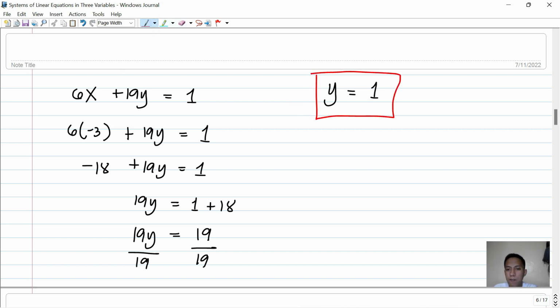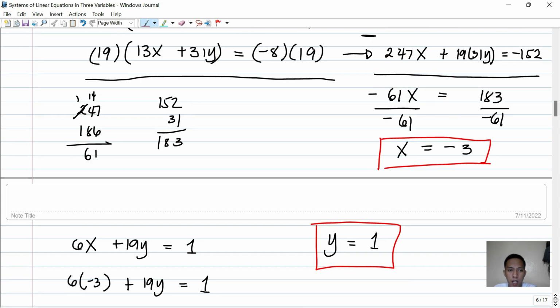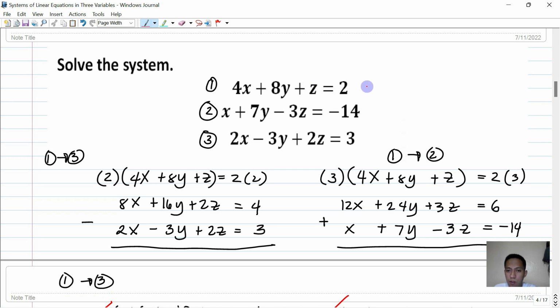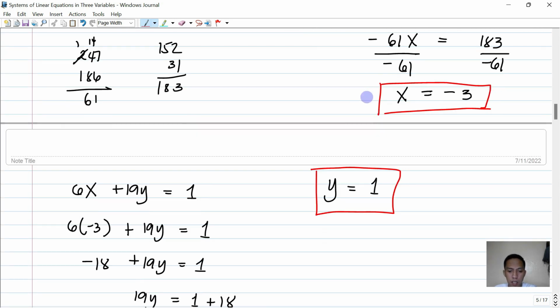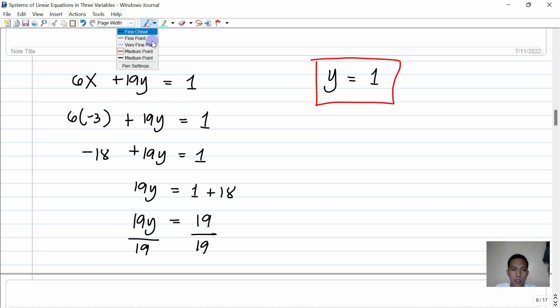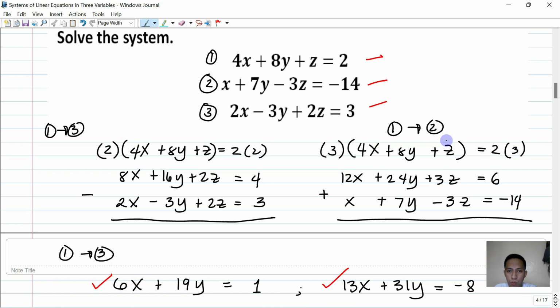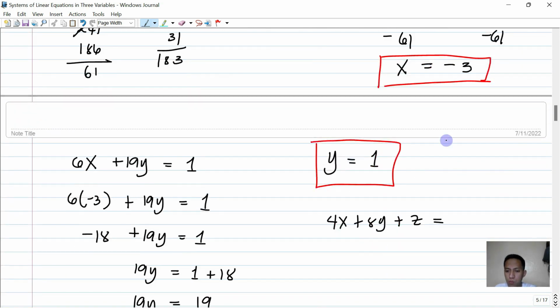So we already have x and y. Solve natin si z by using either the first, second, or third equation. Let's pick the first equation. That is 4x plus 8y plus z equals, yung constant natin is equal to 2.